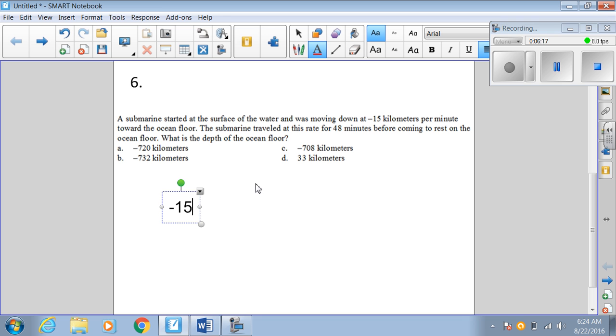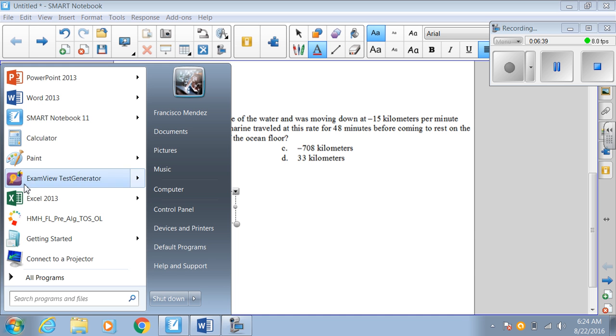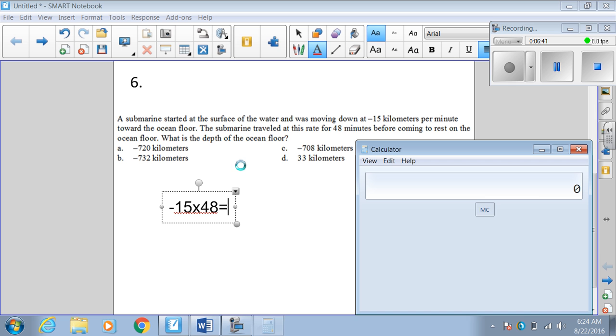In other words, we have to multiply negative 15, the amount that we're traveling, by the number of minutes. So we're going to put times 48, and that's our equation. We have to figure out what that is. We can work it a number of ways, but let's use our trusty calculator.